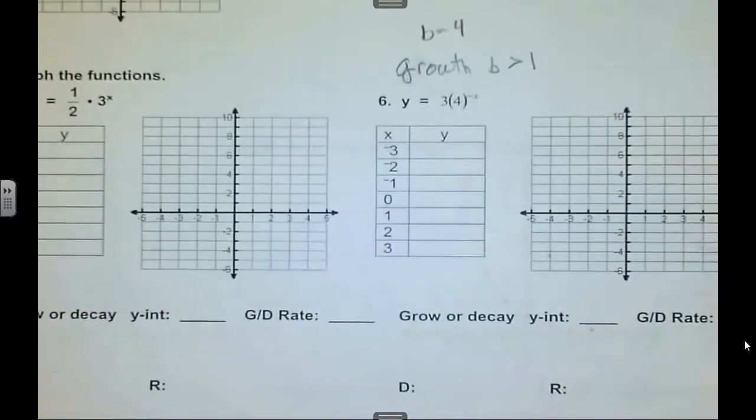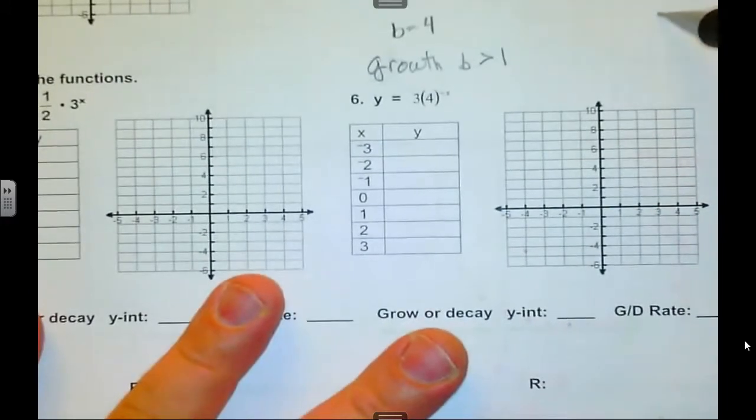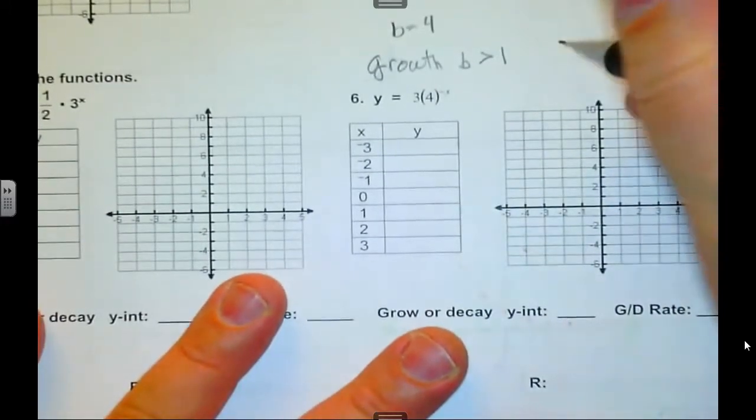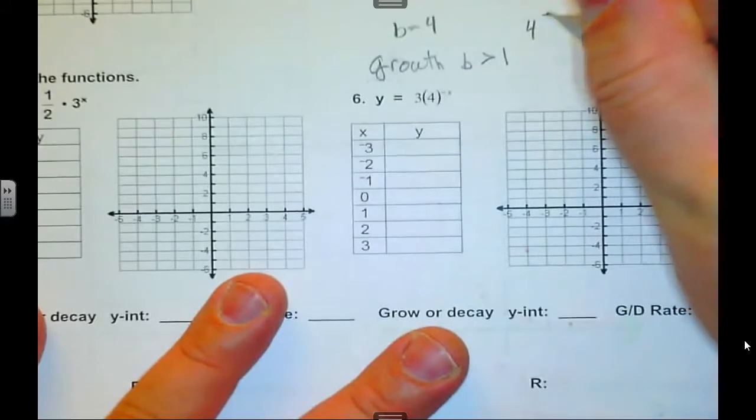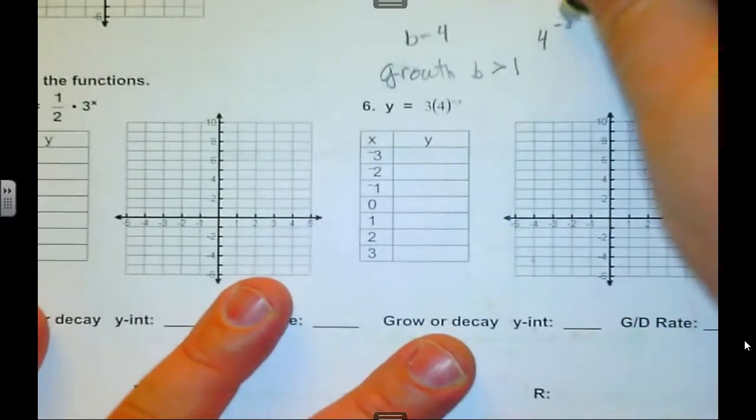I don't believe b is 4. I don't agree with you being negative 4. You're on the right track. We have 4 to the negative x, right?